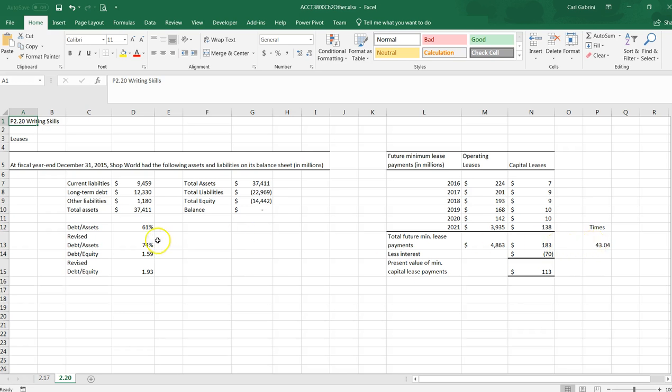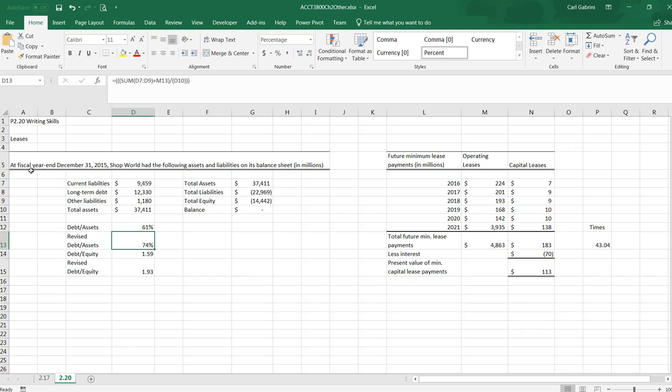So that when you initially calculate, say, a debt-to-asset ratio, which would indicate the proportion of their assets that are being funded by debt, it works out to 61% using the information that's in the balance sheet. However, when I revise it to include the amount of the operating leases in existence, it increases from 61% to 74%.